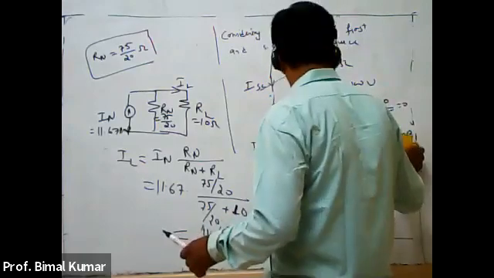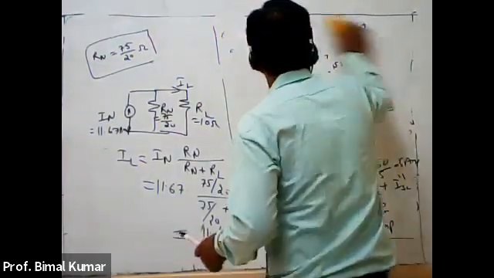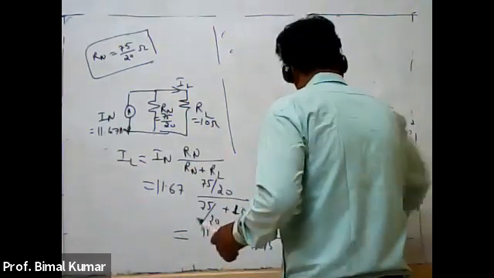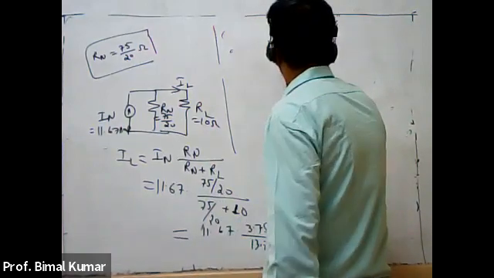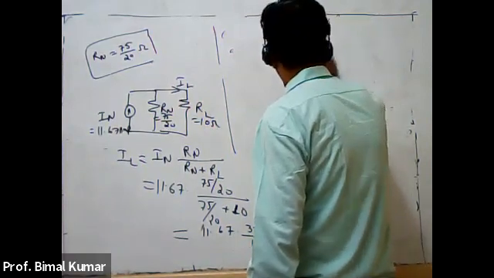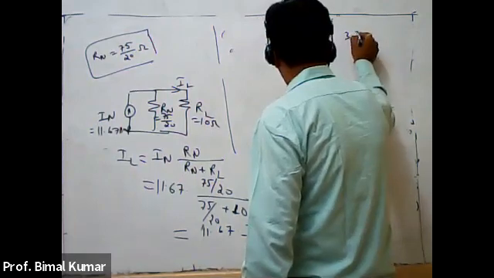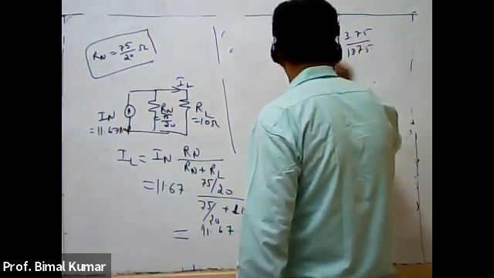Further, this will be 11.67 into 3.75 divided by 13.75.